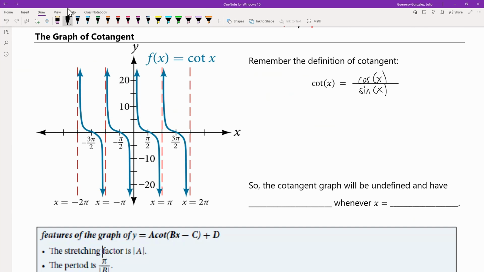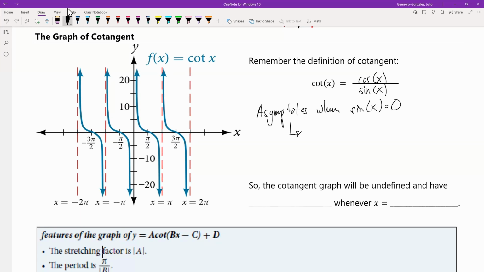So using the same sort of logic that we did for tangent, there's asymptotes when sine of x is equal to 0.